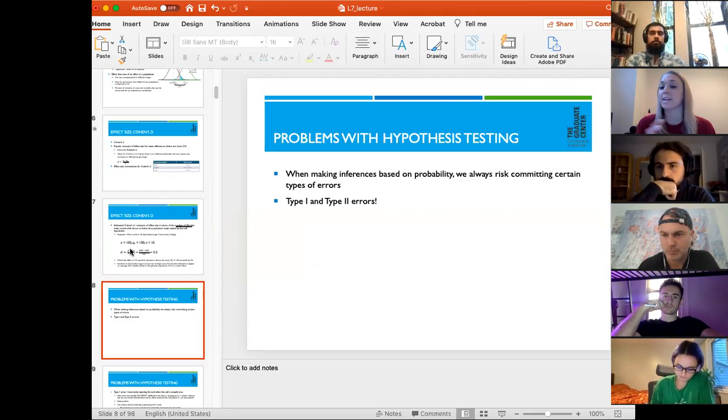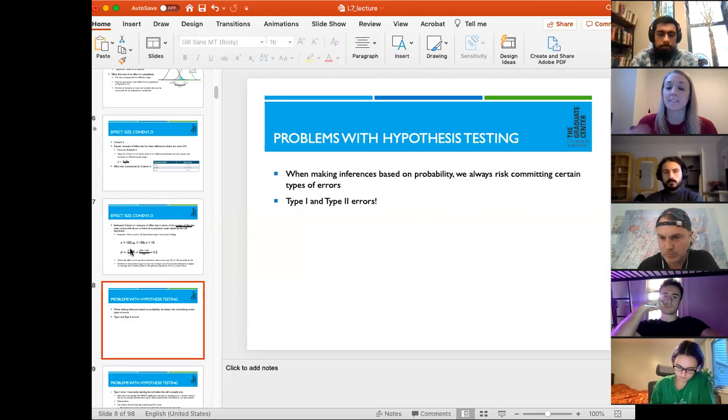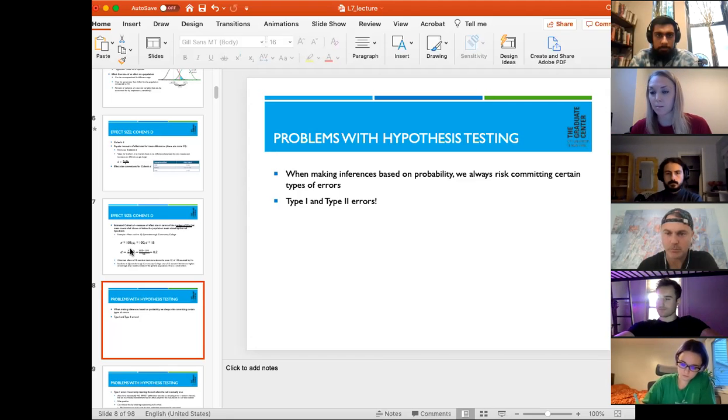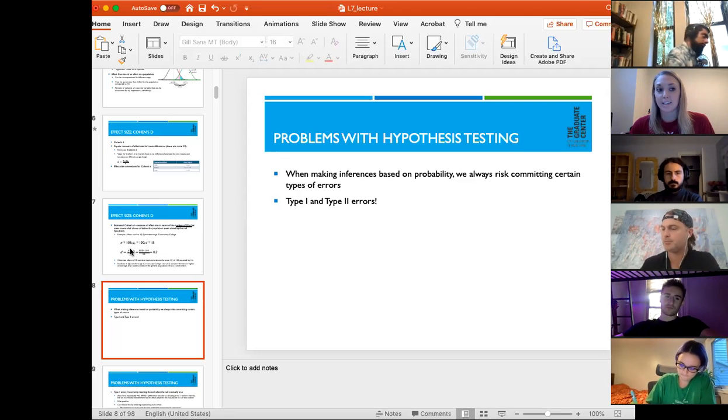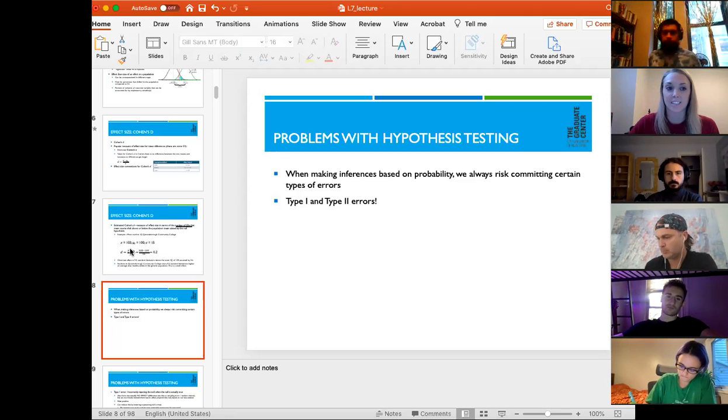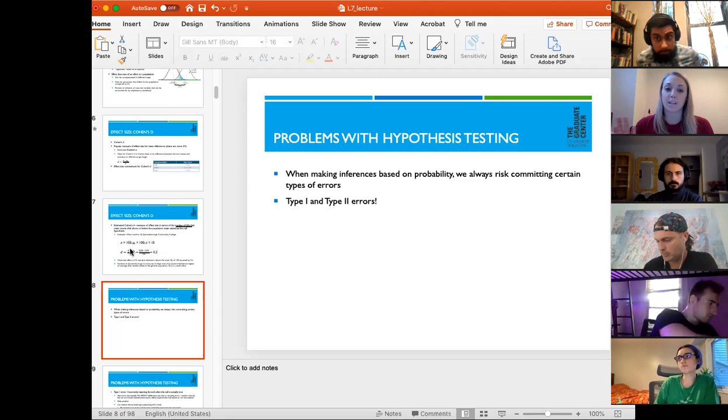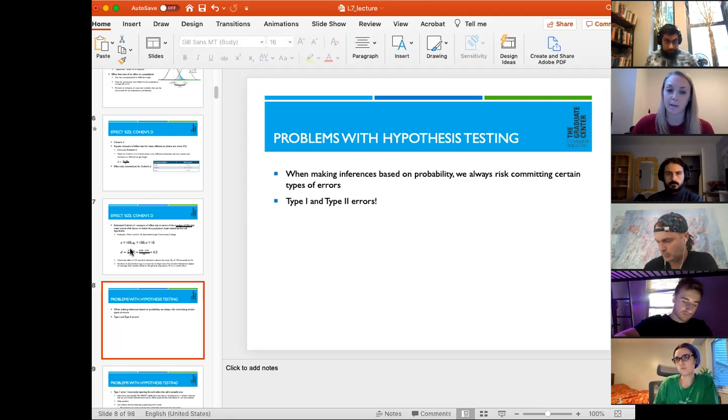We're trying to make an inference based on what is likely and what is unlikely based on that probability. But because we never actually get to see the truth or the whole population, every time you are doing a statistical test, you're running the risk of making two types of errors depending on what your conclusion is.